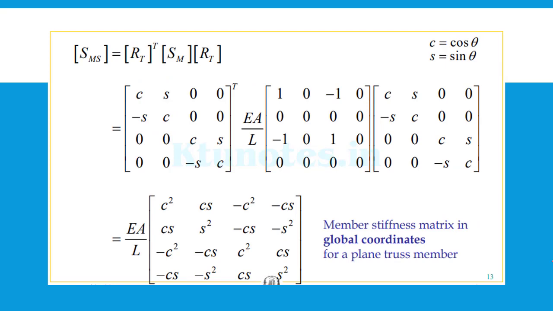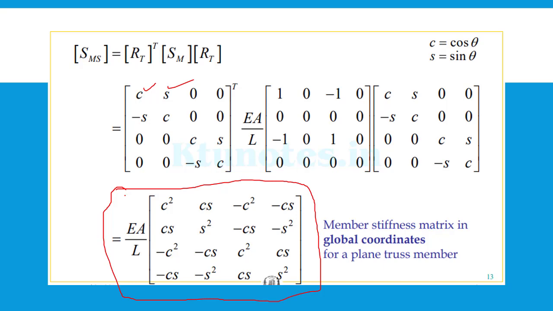Writing all those, we will just represent C as cos theta and S as sin theta. So all those things are simply written, and all the values substituted, to find EA by L into C square, CS, minus C square, and so on. This matrix has to be remembered, which will be the element stiffness matrix in the global coordinate.